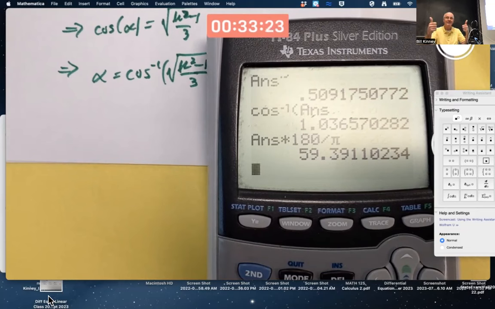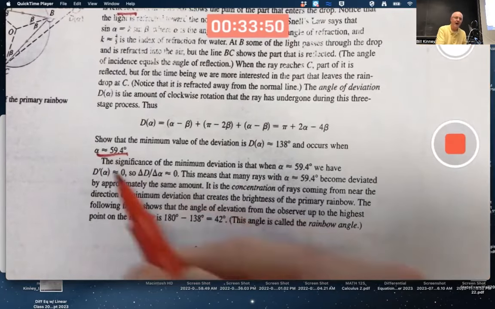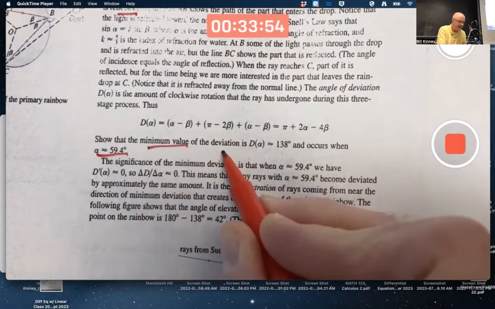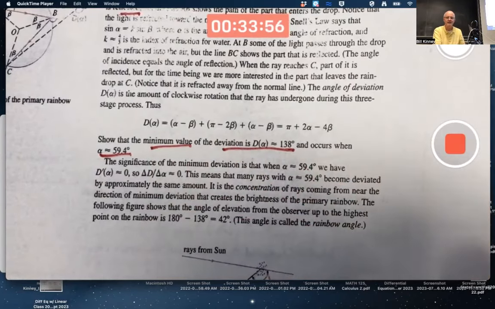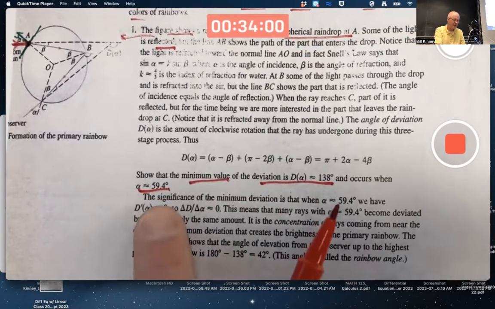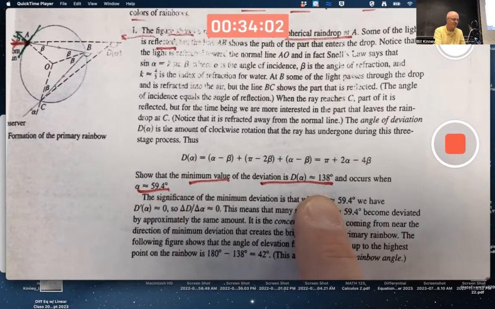That's the angle at which the minimum deviation occurs. That's the angle, about 59.4 degrees, at which the minimum value of the deviation, being 138 degrees, occurs. The output of D of alpha for this input is about 138 degrees.